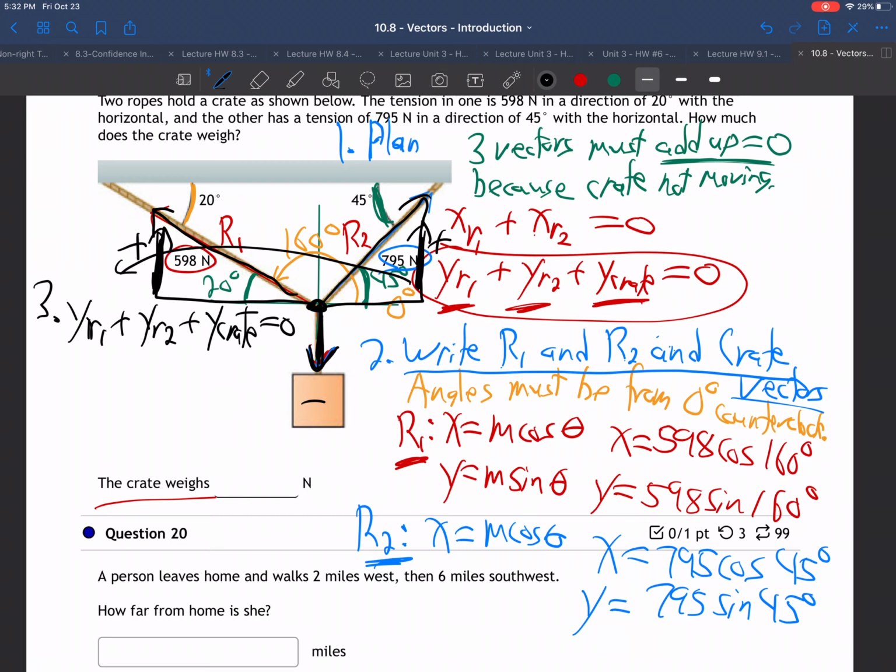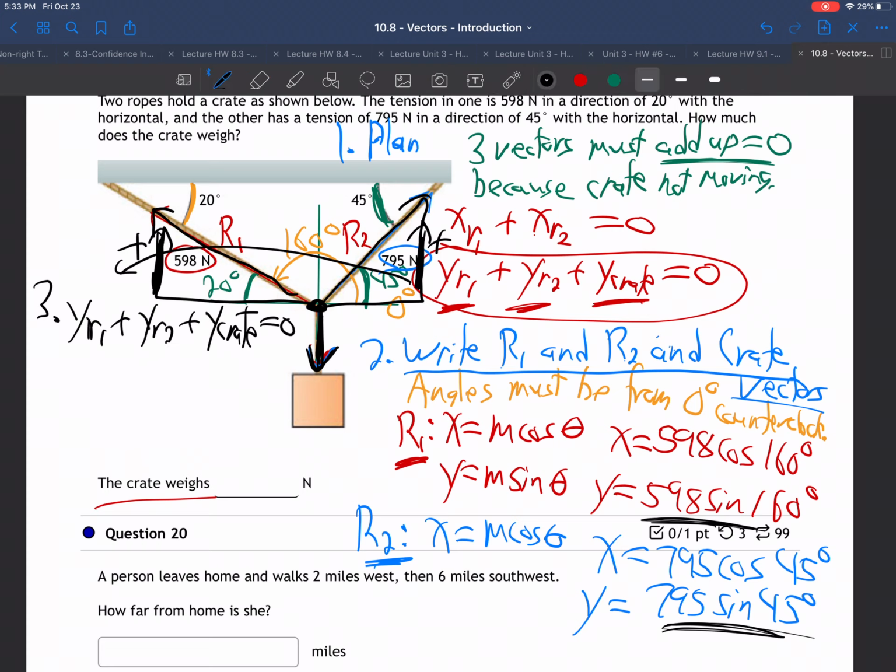So what we're going to say then is that the amount y for rope 1, which is right here, is 598 sine of 160 degrees, plus the y for rope 2, 795 sine of 45 degrees, must equal... well, in fact, how about I just solve for the crate here?